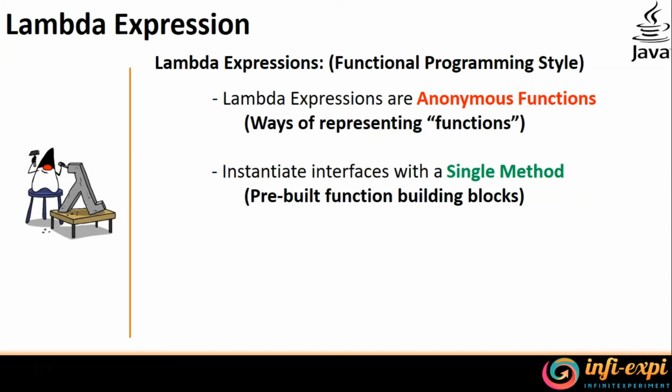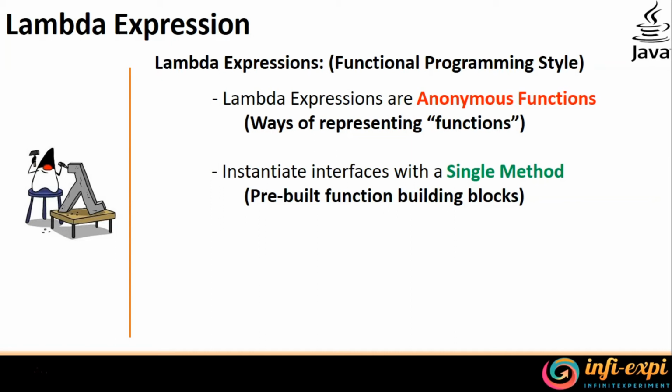You can create an anonymous inner class block of code with the help of interface or with the help of abstract class or with the help of class itself. But when it comes to a Lambda expression, that is your anonymous function definition, you have to refer your interface alone. And that interface must carry a single abstract method in it. There can be only one abstract method.